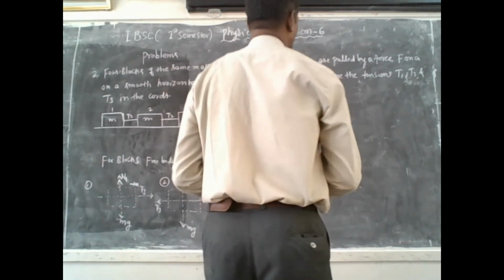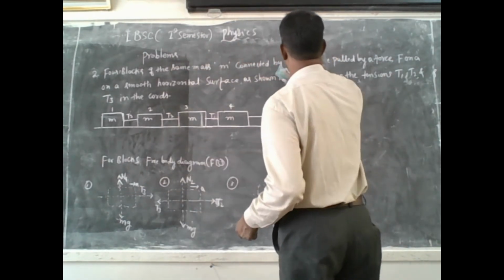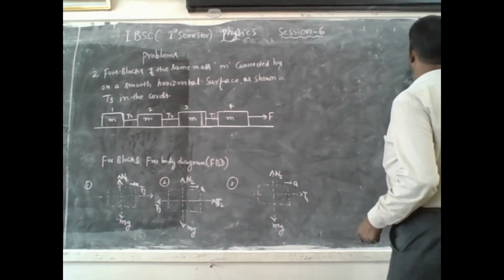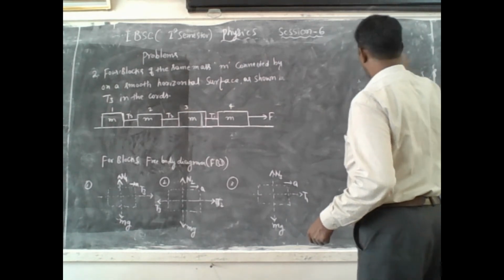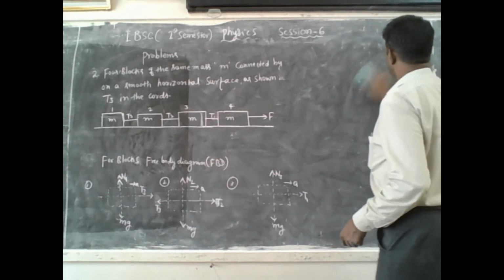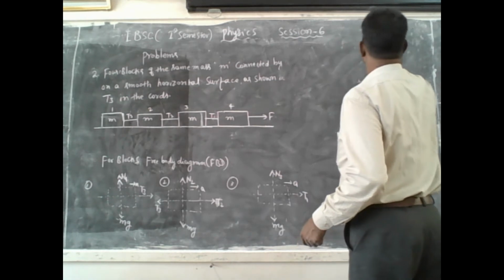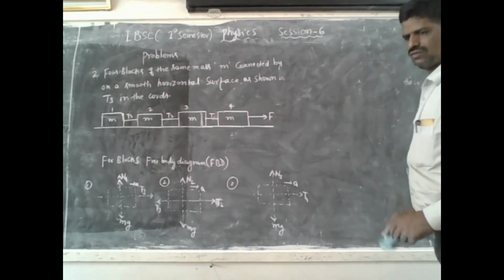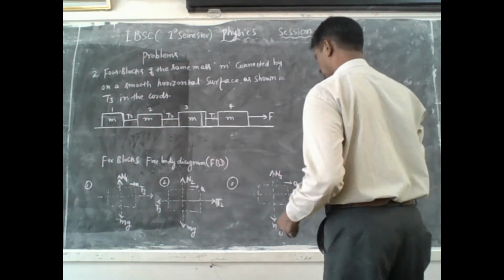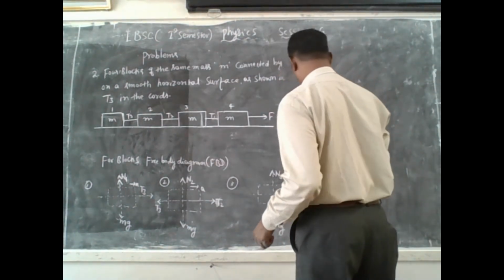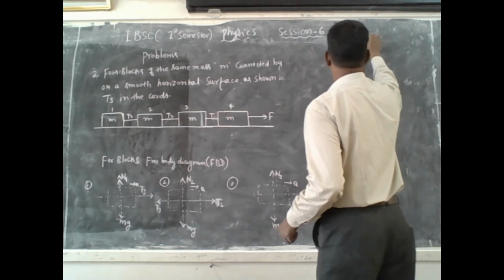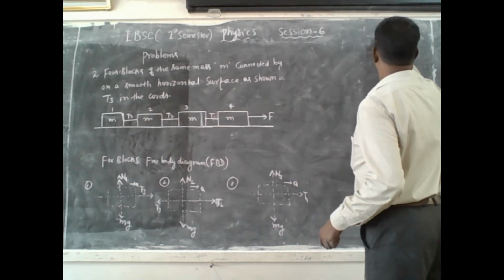I think you have written this question and I will rub this part due to insufficient space. Okay. So this is for block 3, and now for block 4 I will write here.